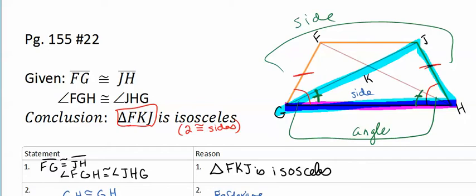Because we can take that angle and subtract it from the bigger angle, and that will give us these angles congruent, which are part of the smaller triangle we're looking for.